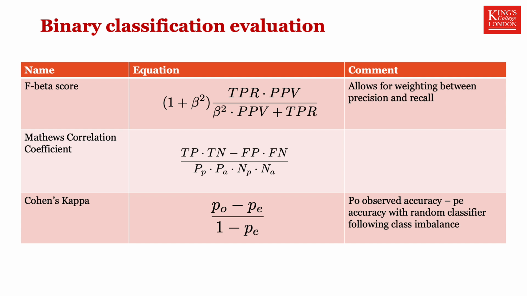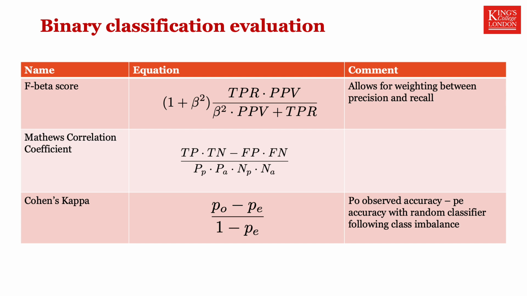And the Cohen's kappa is basically the observed accuracy minus the accuracy that you would obtain with a random classifier that follows the class imbalance. So if you know that you have a certain proportion of each of the classes, and you randomly choose things, what do you get? And you compare that to what you observe in terms of accuracy.